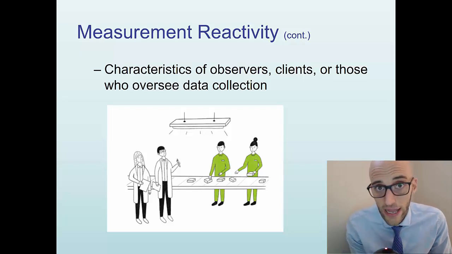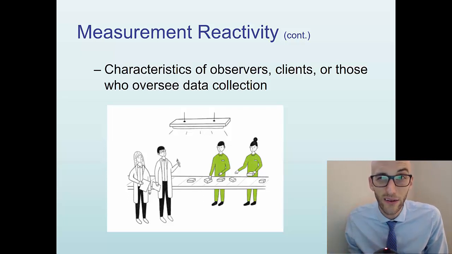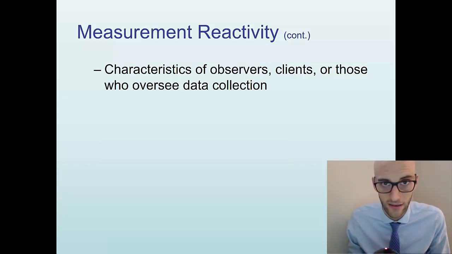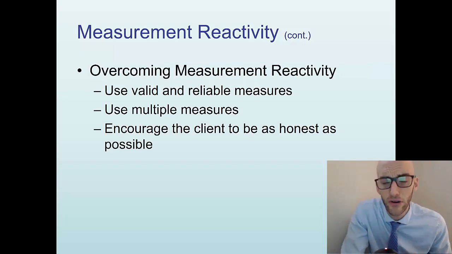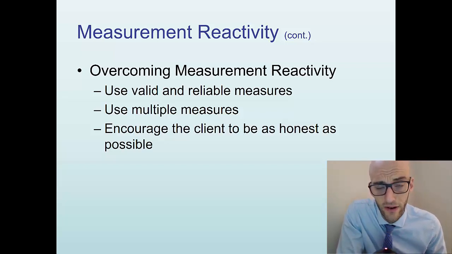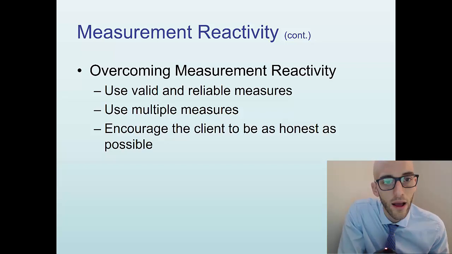So that can be used in a positive way, to encourage or promote change, but there can also be some cautions, in that somebody might be less likely to share their true experience or accurate behaviors with you. So in order to overcome measurement reactivity, it's important to use valid and reliable measures, making sure that the measures you're using are standardized for the population that you're working with.